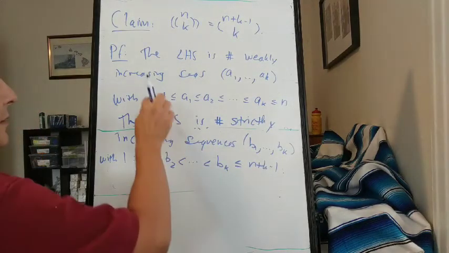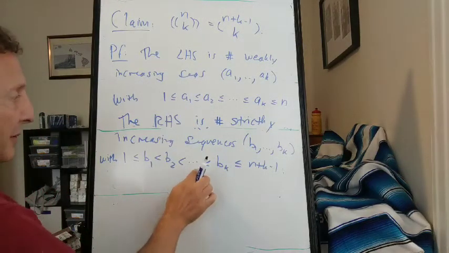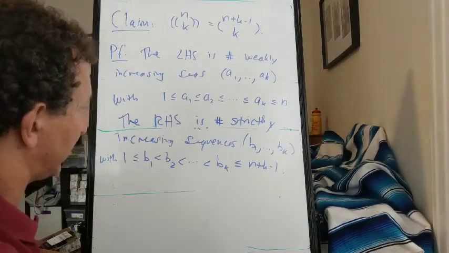I want to show that these weakly increasing sequences line up perfectly with these strictly increasing sequences.